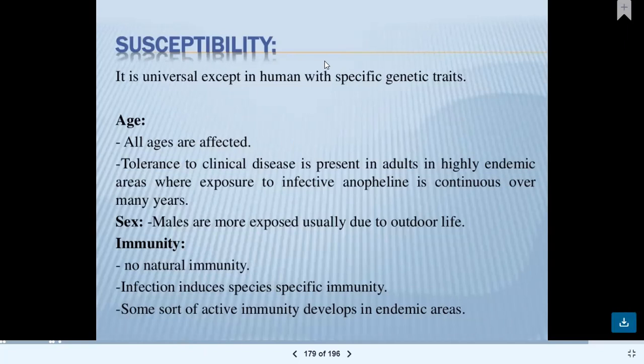Males are usually more exposed due to outdoor life. Immunity: there is no natural immunity. Infection induces species-specific immunity, some sort of active immunity that depends on the endemic area.